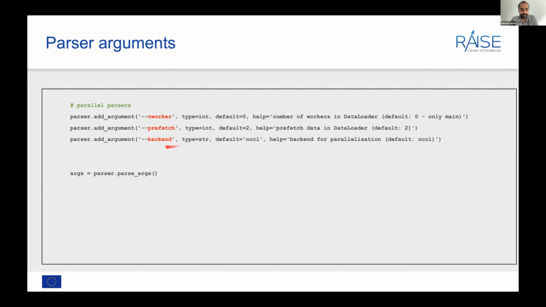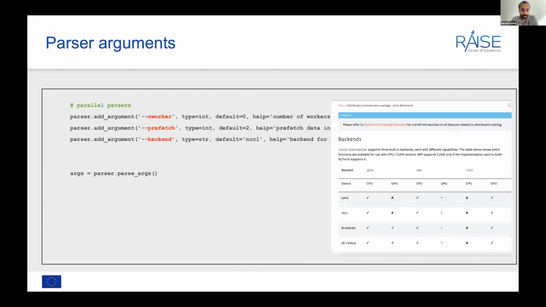Then there is the prefetch factor, which loads a certain amount of data beforehand, such that there is no lag in between two batches. And then, of course, the backend, which also Marcel was talking about. So in our case, the default is this NVIDIA communication backend, which we use. But there are also other options which are available within PyTorch.